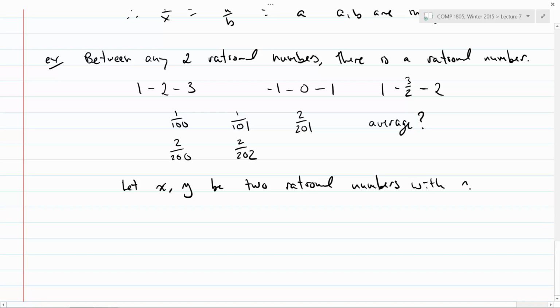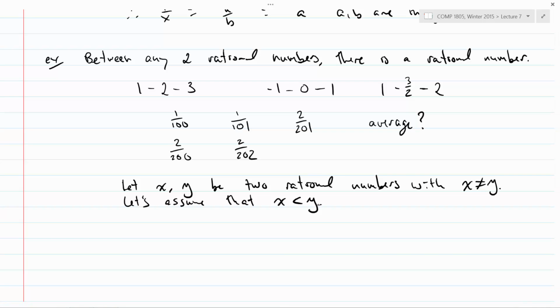So with x not equal to y. Okay? And in fact, let's assume that x is less than y. Is that a fair assumption?